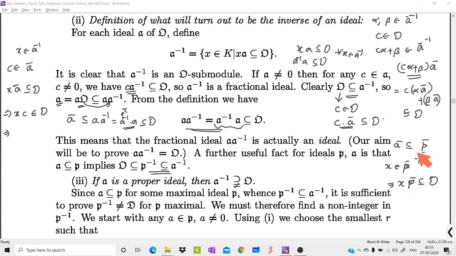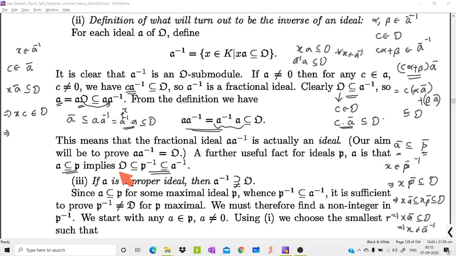Since P contains A, we can say that XA is contained in XP, which is contained in O. So XA is always contained in O implies X is an element of A inverse as well. That means whenever X belongs to P inverse, then X belongs to A inverse. So A subset of P implies the inverses of these two ideals follow the reverse inclusion.